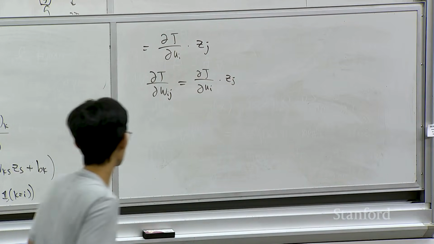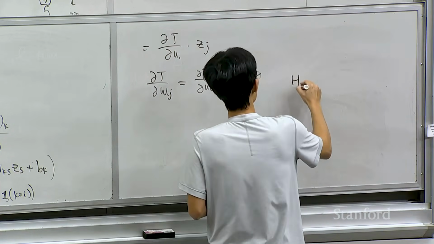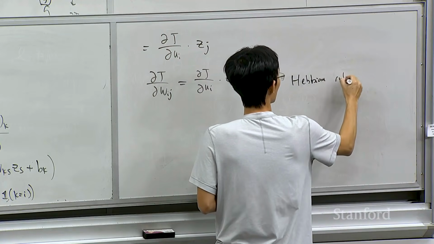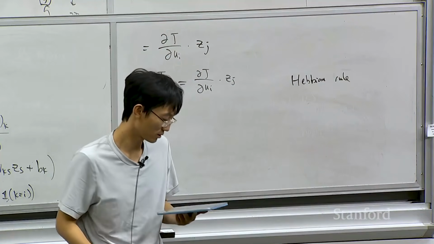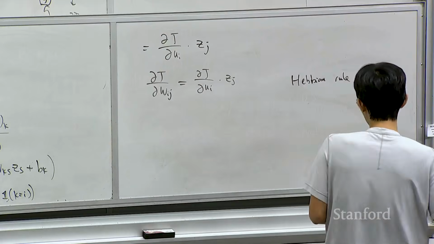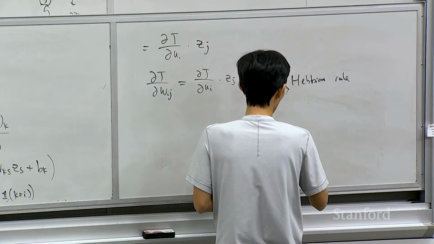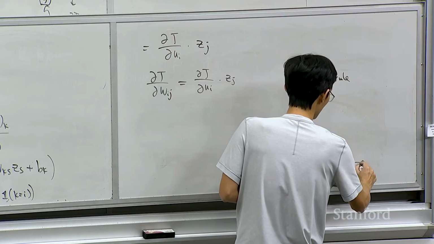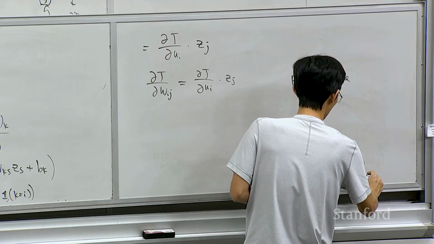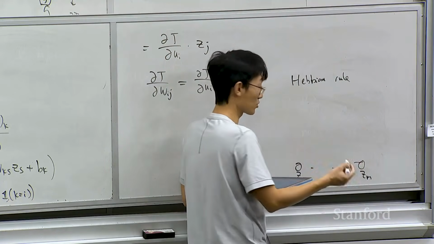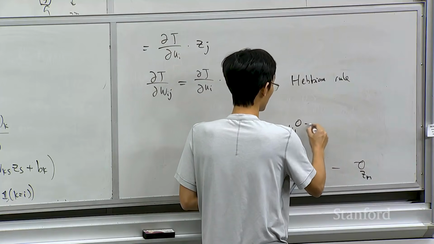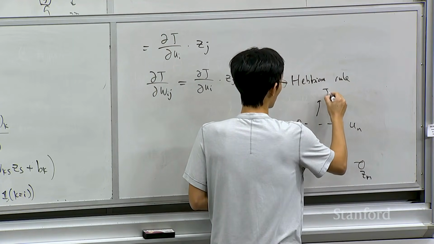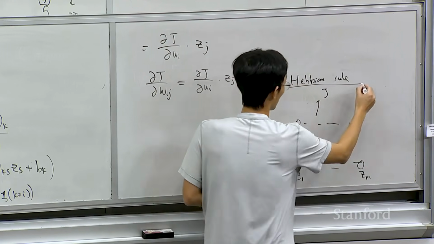So this is very, very simple. Actually, this is called the Hebbian rule in biology. The way I remember it, when I was a PhD student, was that you have z_1 up to z_m, and you have this matrix multiplication, and you get u_1 up to u_n, and then you go through some network, you get J. So that's the picture.